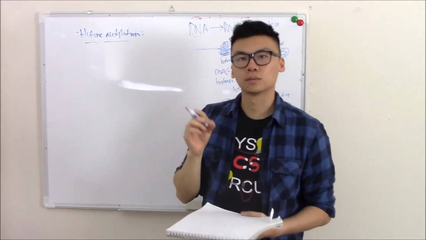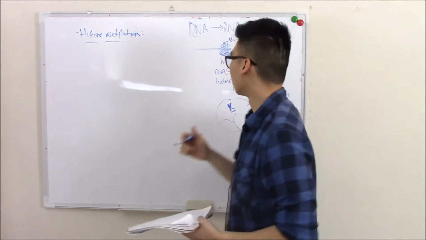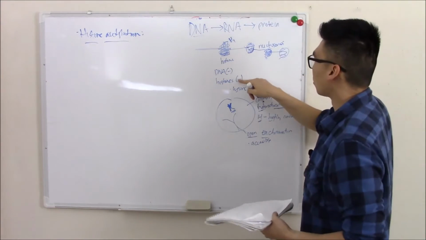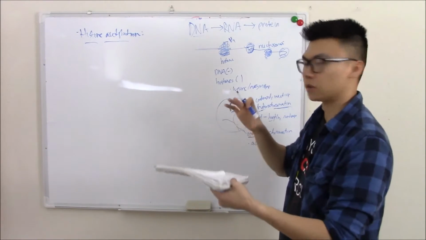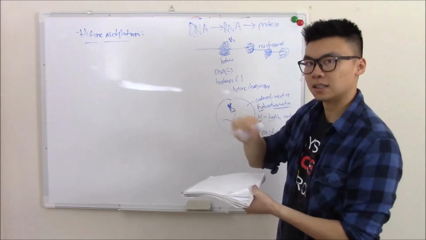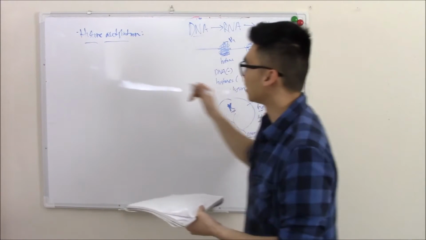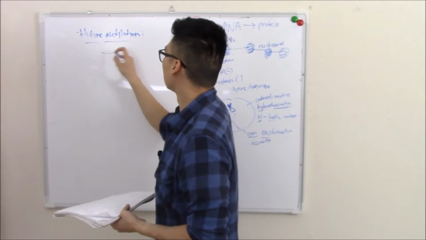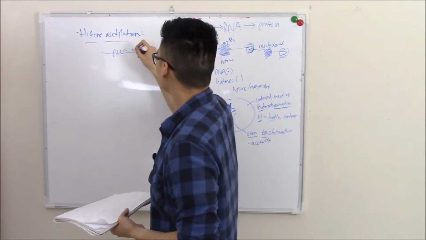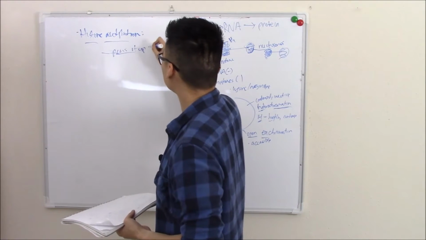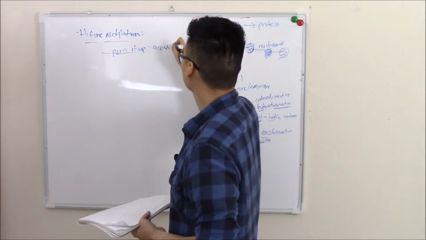An enzyme puts an acetyl group on the histone, lowers that charge, and relaxes the histone, relaxes the winding of the chromatin, opens it up, makes it accessible.